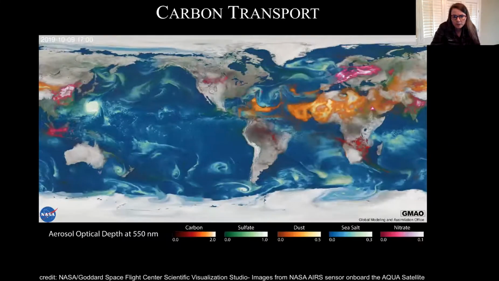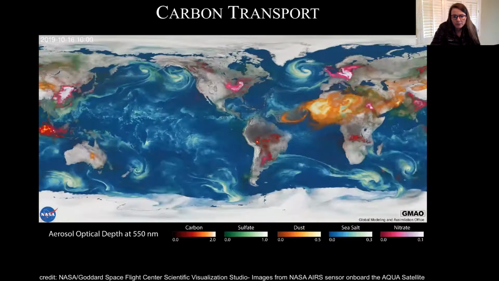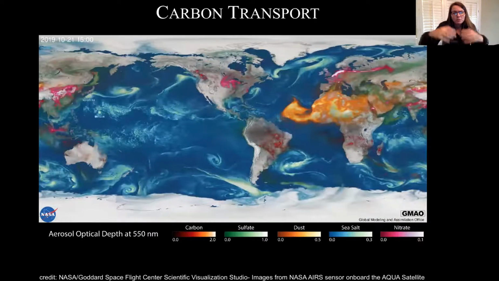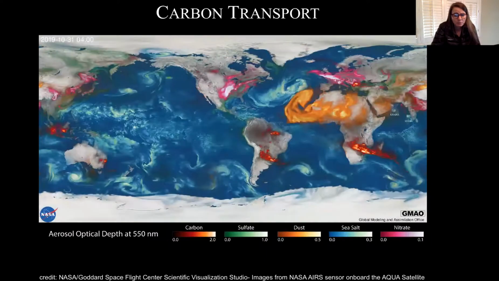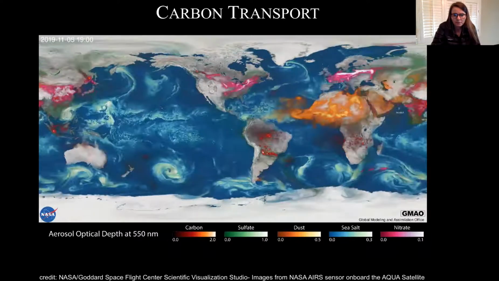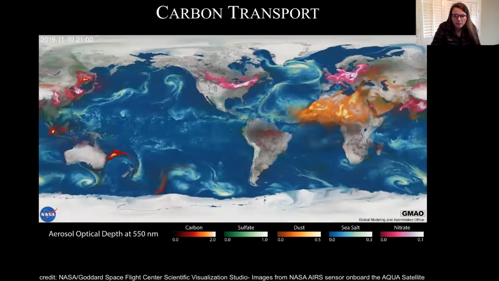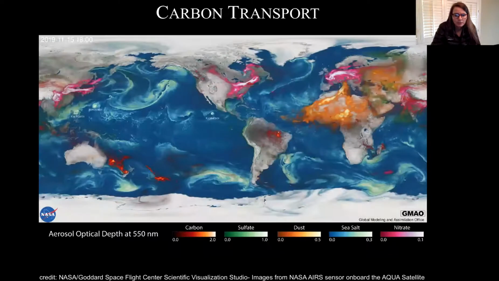And you can also see how fires generate these huge plumes of, primarily, carbon monoxide. So carbon monoxide is an atom of carbon and an atom of oxygen.